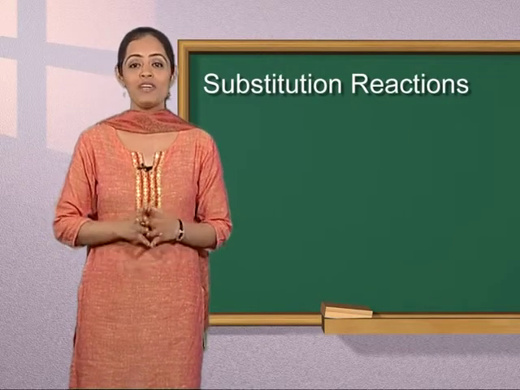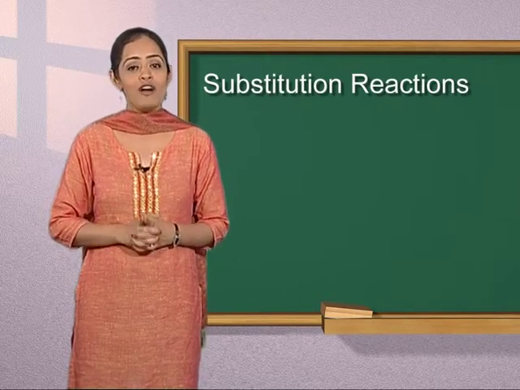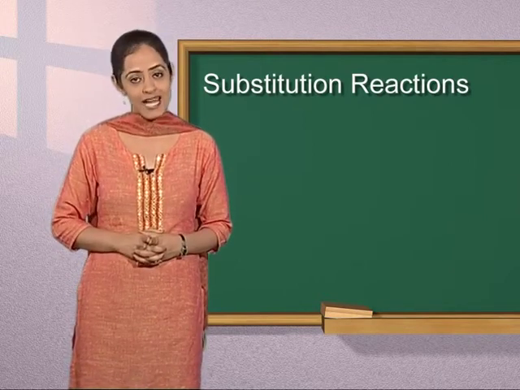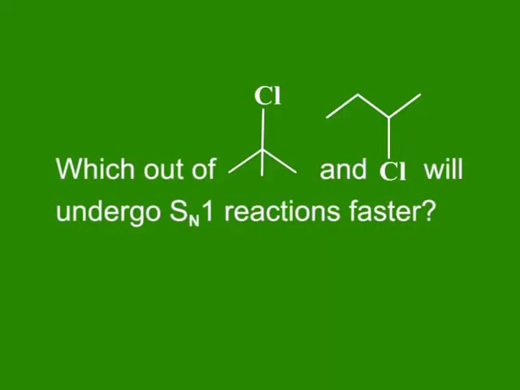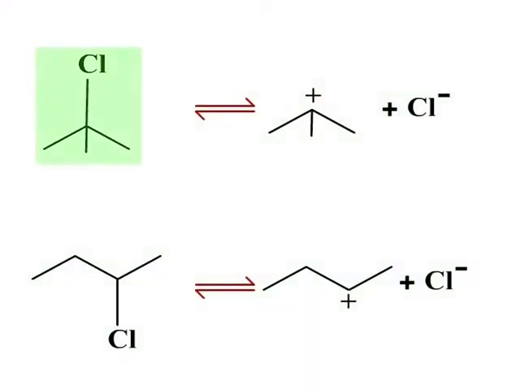Children, so we have come to the end of today's topic. Let me now ask you a few questions to check your understanding. My first question is, which out of the structures shown on the screen will undergo SN1 reactions faster? And the answer is tertiary butyl chloride.